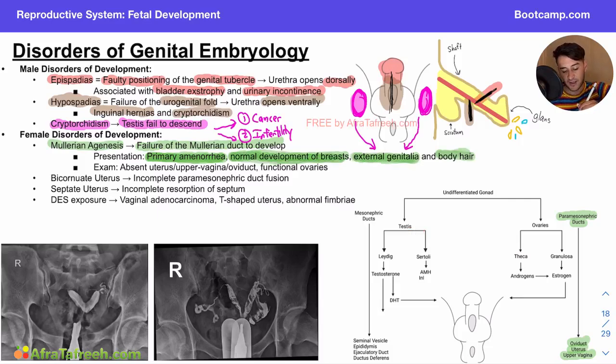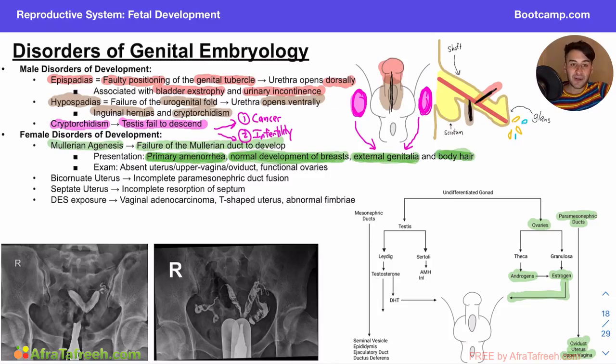Now, why is it that we have normal development of our breasts and external genitalia as well as body hair? Well, the thing is here, these patients still have ovaries, and you'll remember it's our ovaries that are responsible for creating the chemicals that lead to the female phenotype. So this is going to be things like androgens, which are going to be responsible for making things like body hair, as well as estrogen, which we talked about was responsible for external genitalia development in our previous video.